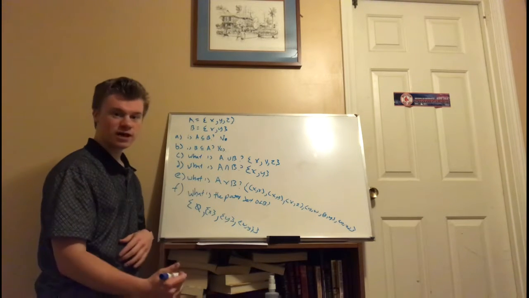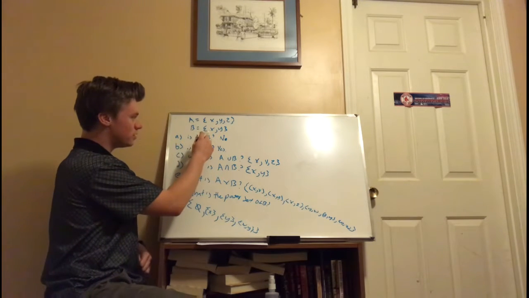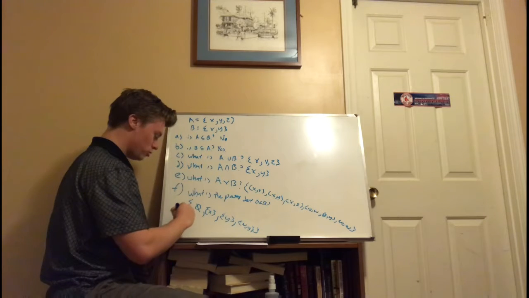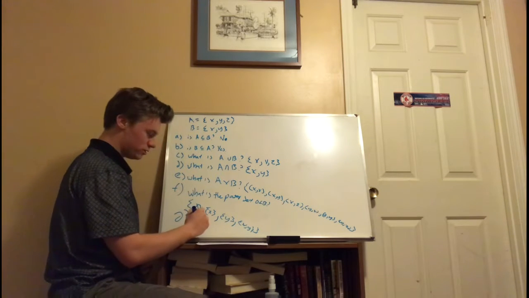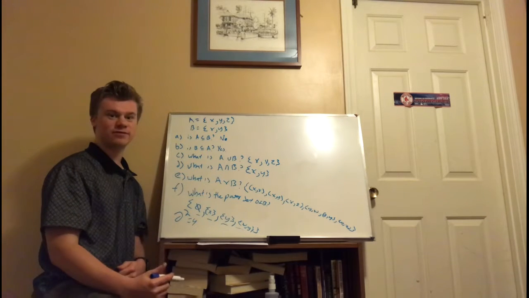A way to find this out easier, that I always remember, is because there are two elements, the power set size is 2 to the second, which equals 4. So you should have 4 different things in the power set, which we have.